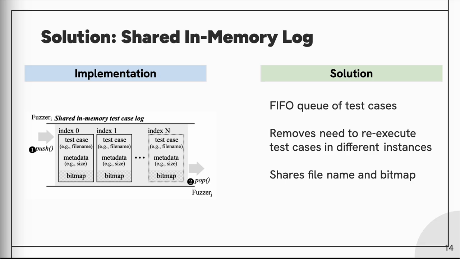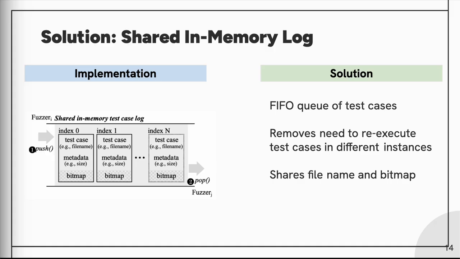So the solution that they presented was shared in-memory logging. The file system changes accompany the usage of shared in-memory for test cases. This was done with a master test case log that can be accessed by other fuzzing instances as a slave.